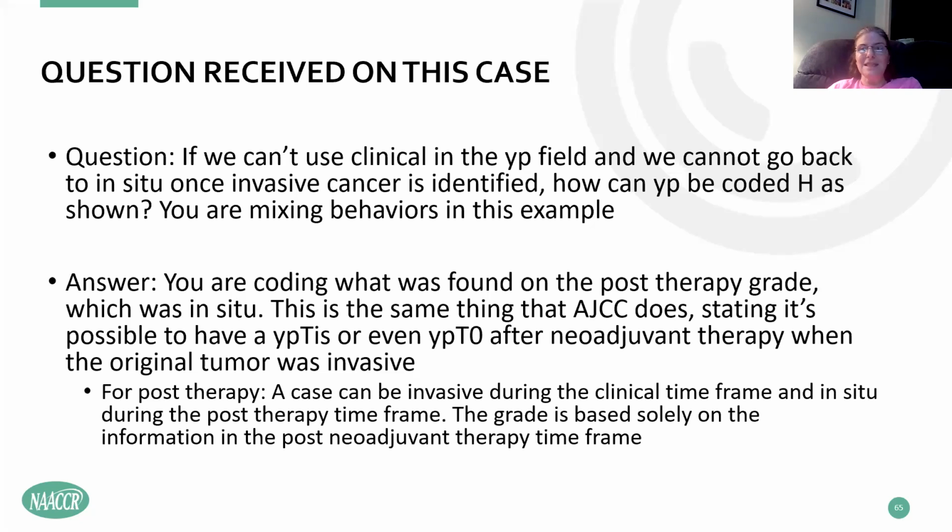This is the same thing that AJCC does, stating it's possible to have a YPTIS or even a YPT0 after neoadjuvant therapy when the original tumor was invasive. So if you're doing AJCC staging, just think in terms of how AJCC would do this. If you're not doing AJCC staging, it's going to be a little bit harder concept for you to grab a hold of, but it can be done.